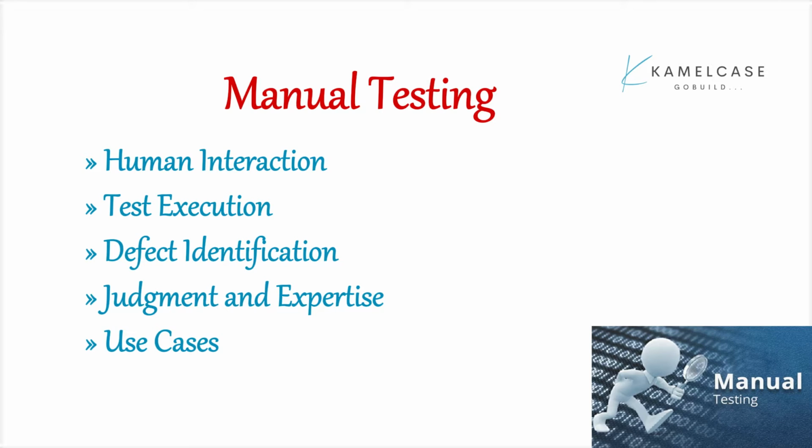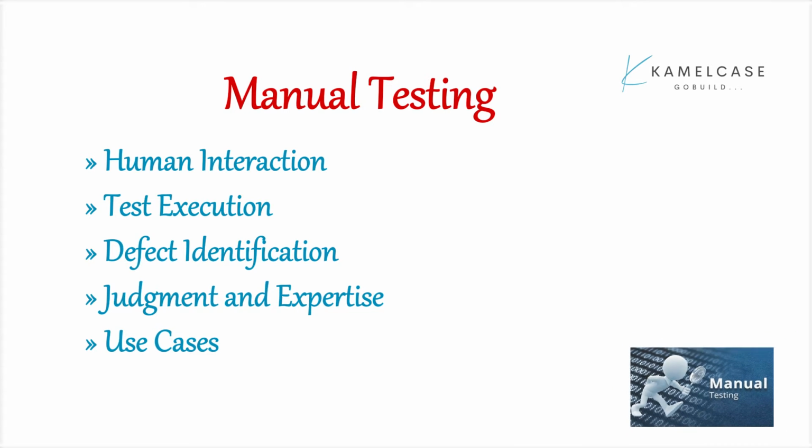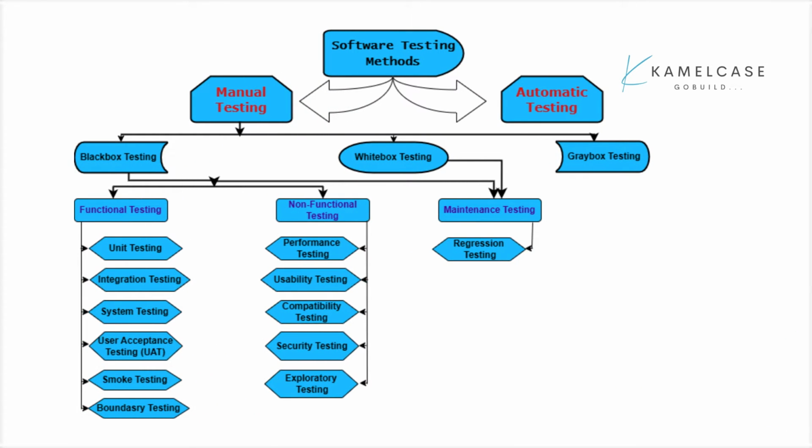This method is commonly used for usability testing, exploratory testing, and early-stage testing where human observation and adaptability are essential. Fundamentally, there are three subtypes within the domain of manual testing tools, namely black box testing, white box testing, and gray box testing.